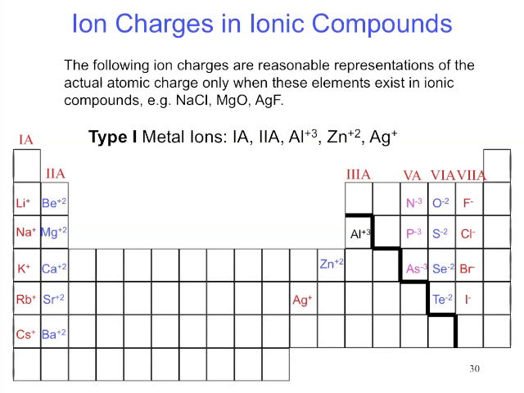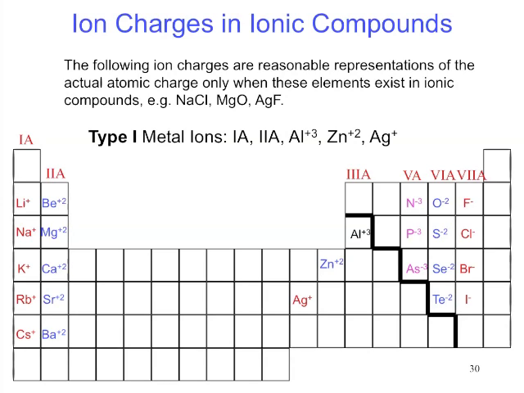Now, there are lots of places here in the metal portion of the periodic table where we don't have the element with its charge written. And that's because when these elements form an ionic compound, the charge can be different. And so we're distinguishing between what I call type 1 metal ions.